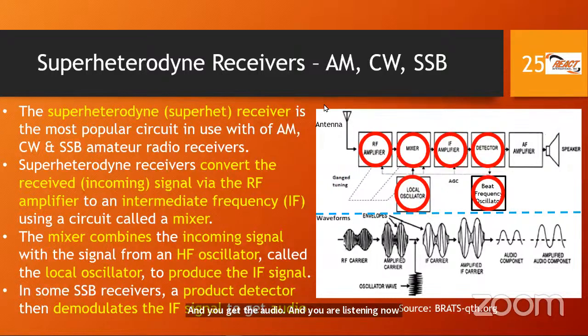So you have your receiver tuned to a frequency, and you're now able to listen to it because it has gone through the various receiver stages: the mixer, the IF stage, and then the product detector, and you get your audio output. So these are the stages of a receiver. And below here are examples of the waveforms of the signals as they pass through the various stages in the block diagram.